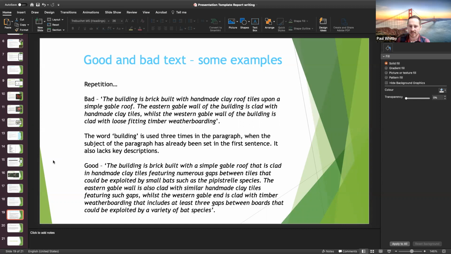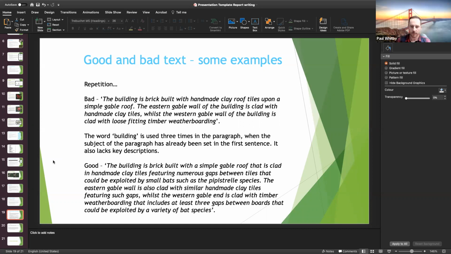It lacks a bit of detail, and you can see the word building cropping up there 3 times. Once you've set the subject matter of the paragraph, which is the building, you don't really need to keep repeating the building. So consider the second paragraph, which also includes better descriptions.